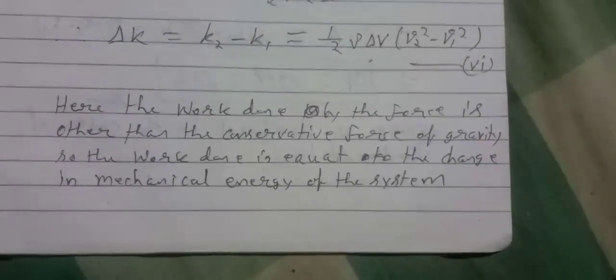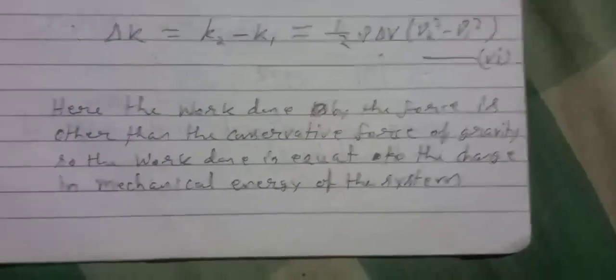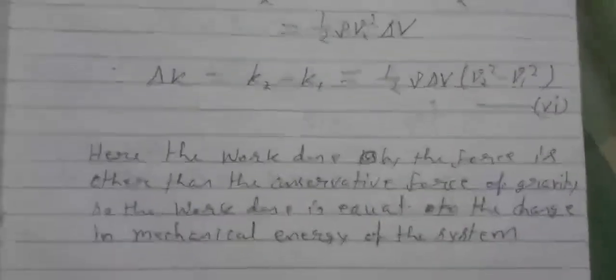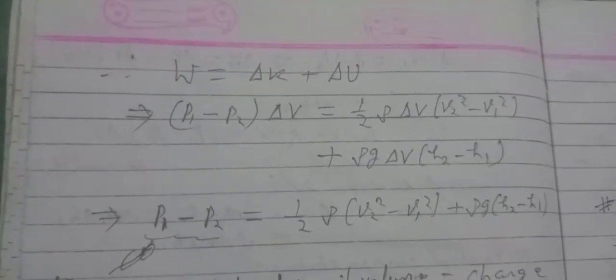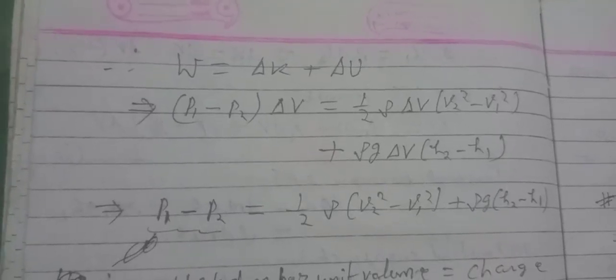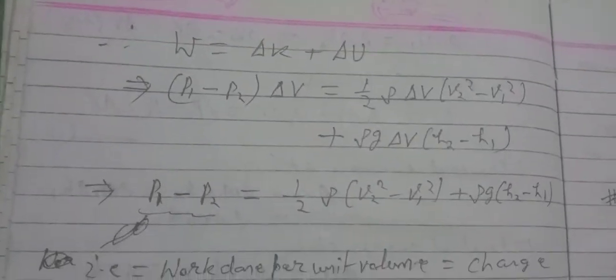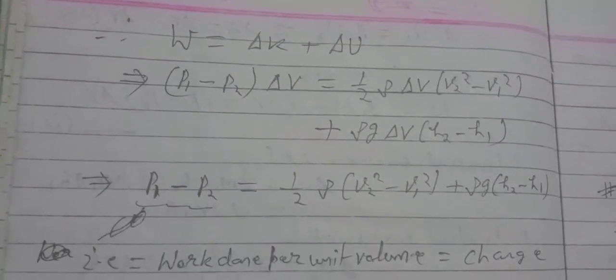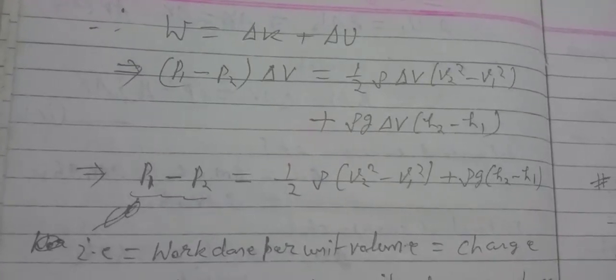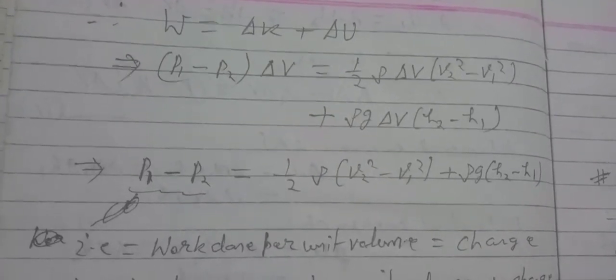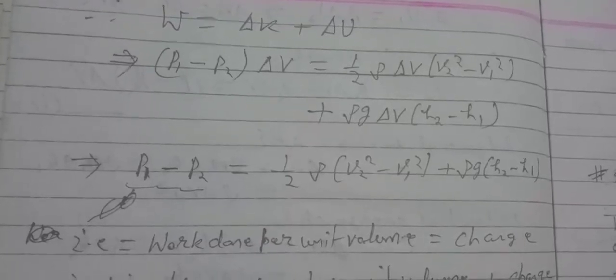So the work done is equal to the change in mechanical energy of the system. Hence we can write work done equals change in kinetic energy plus change in potential energy, because mechanical energy is equal to the kinetic energy plus potential energy. Hence W equals delta K plus delta U. This implies (P1 minus P2) delta V equals 1/2 rho delta V (V2 squared minus V1 squared) plus rho g delta V (h2 minus h1).